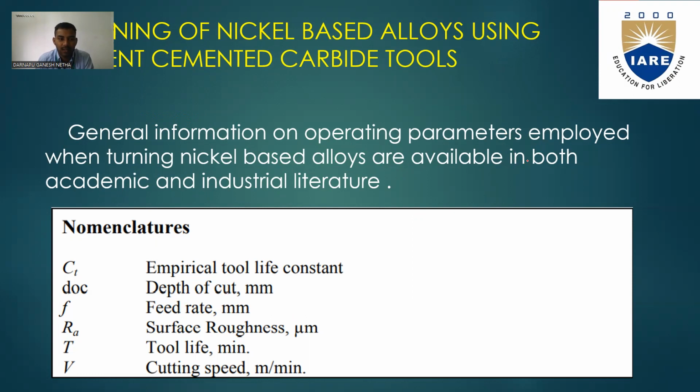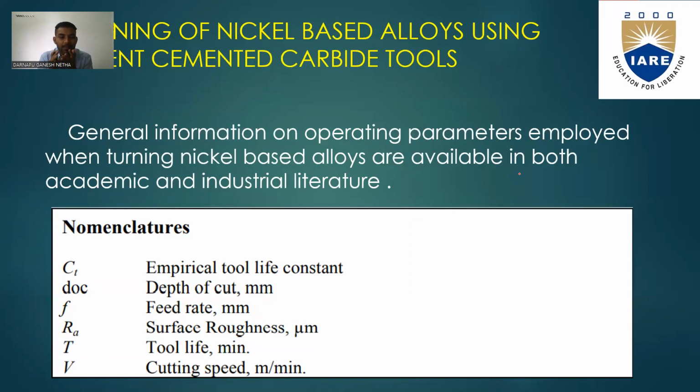Tool life is constant. If we consider 10 tools, the tool life is constant. The tool life is not going to vary or change. The tool life must be constant.